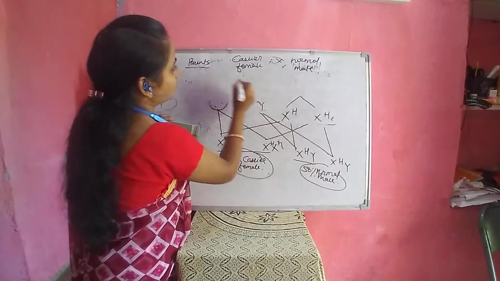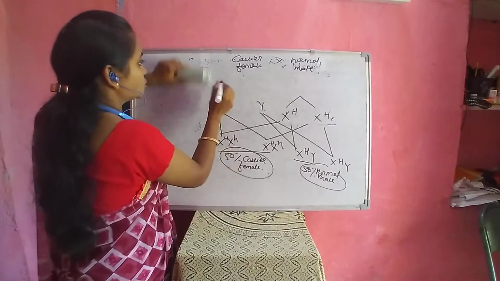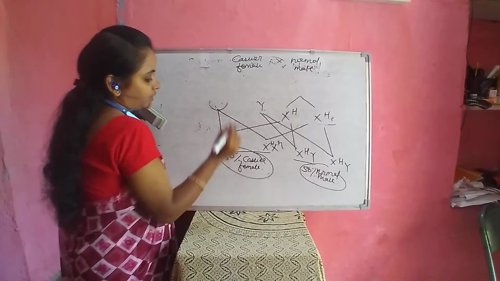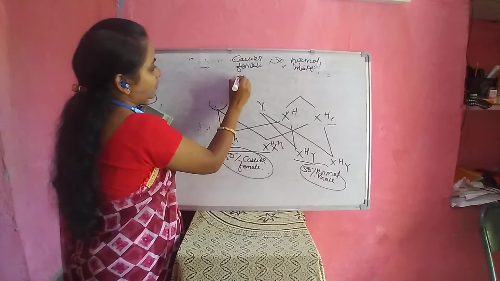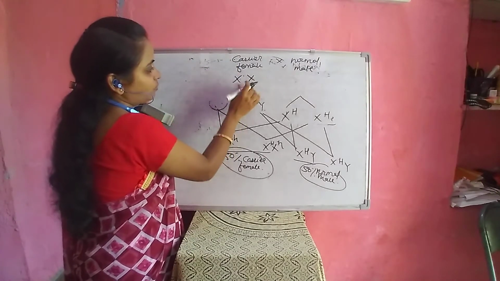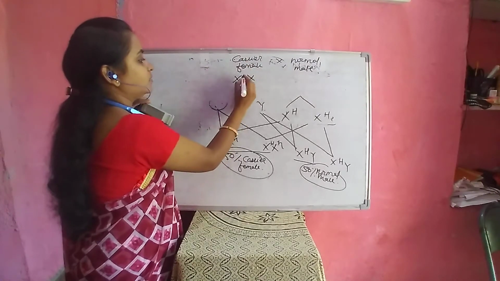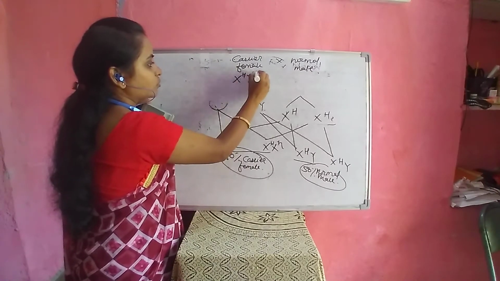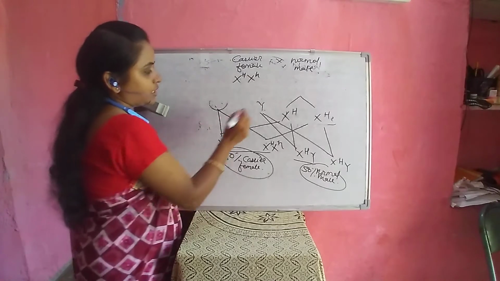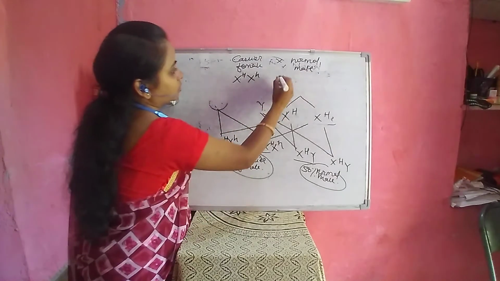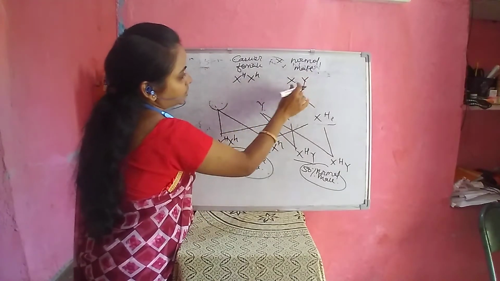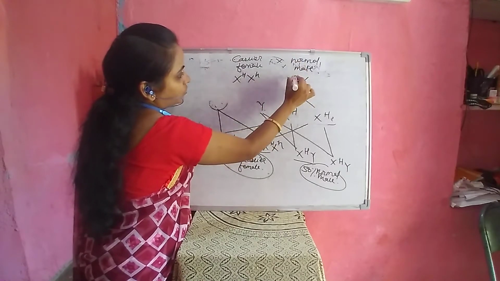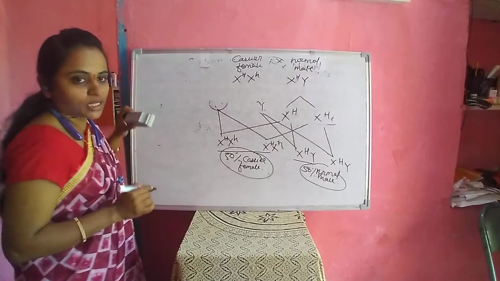So what are the gametes? What is the genotype for the carrier female? For the carrier female, both are X chromosomes, and being a carrier, one X has the dominant gene and one has the recessive gene. Second, the normal male: X and Y are present in the male, and the normal dominant gene is present on the X chromosome.